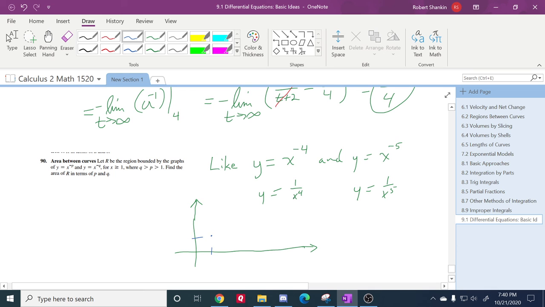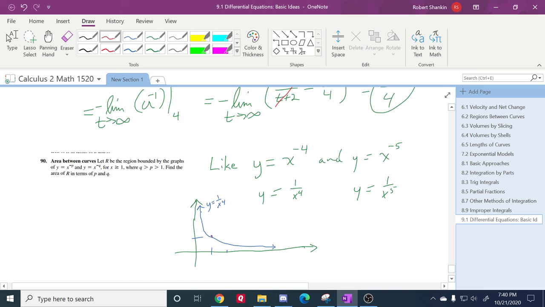But when x is 2, I get 1/16, really, really small. So 1 over x to the 4th comes down to the x-axis fairly quickly. But 1 over x to the 5th, this is y equals 1 over x to the 5th, is going to come down even more quickly. Instead of 1/16, it'll be 1/32.